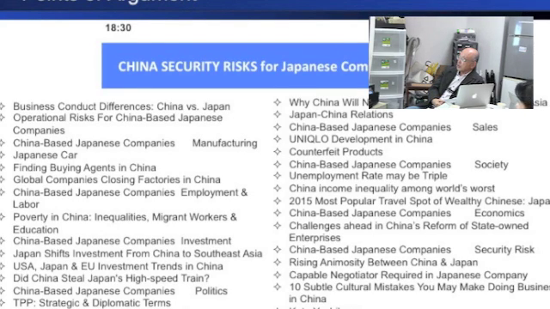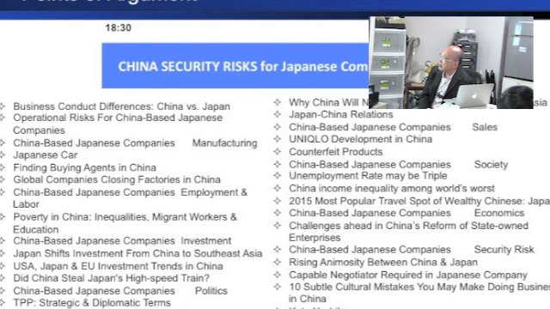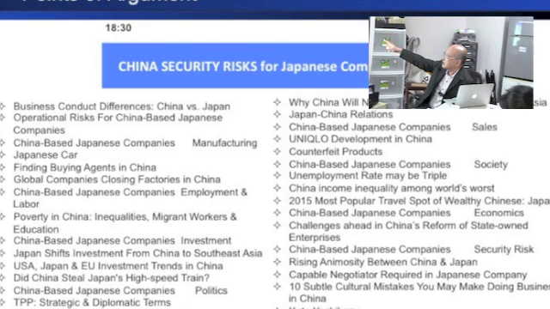Based on those contents, I'm going to explain first manufacturing, and the second one is employment and labor, and then politics, and then sales, society, and security risk.